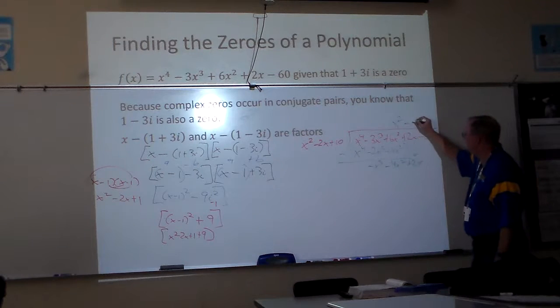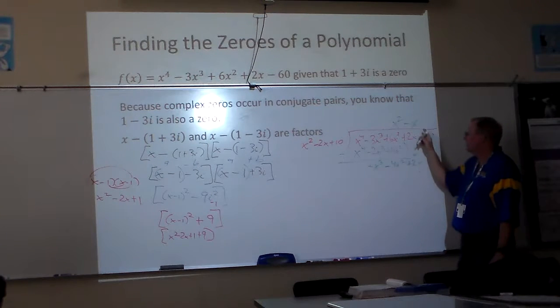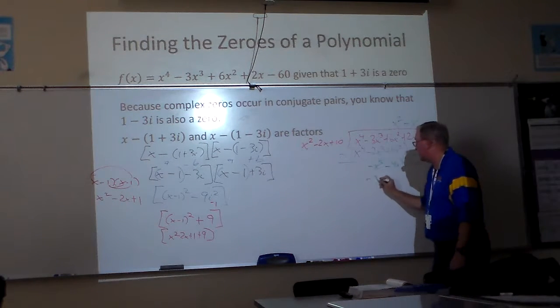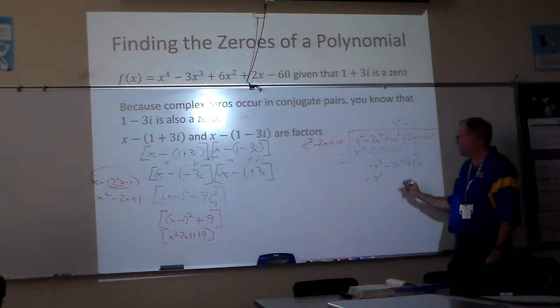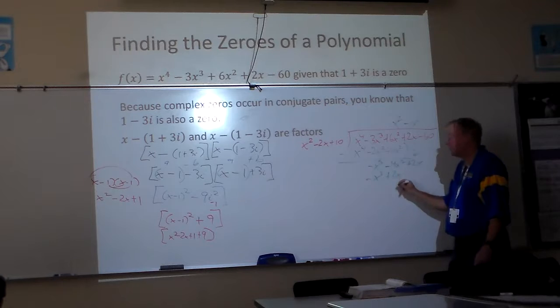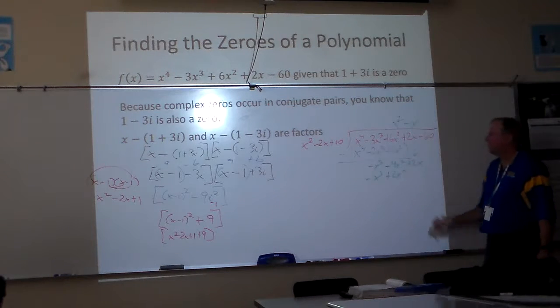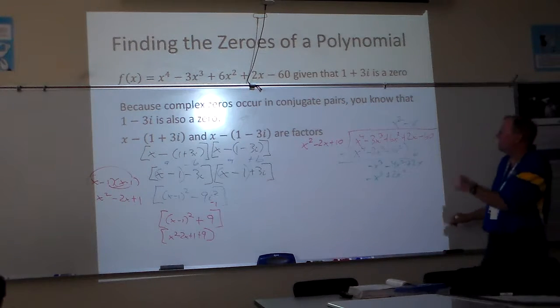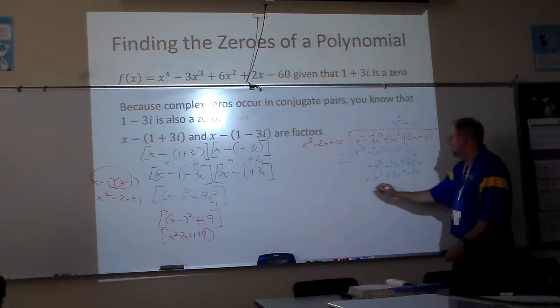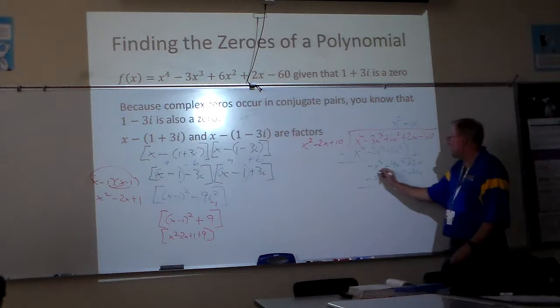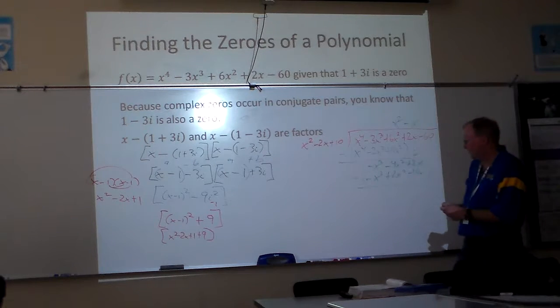What do I multiply by x squared to get negative x cubed? I need a negative x. So negative x times x squared is negative x cubed. Negative x times negative 2x will be a positive 2x squared. And negative x times 10 will be a minus 10x. Now I have to subtract the whole thing.